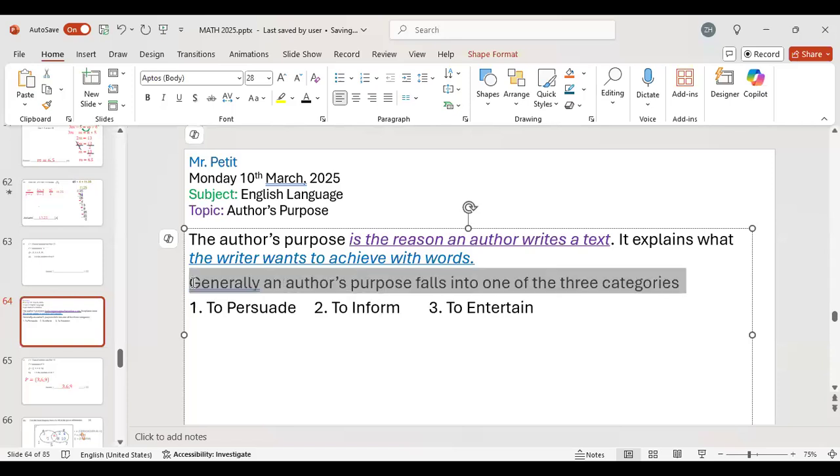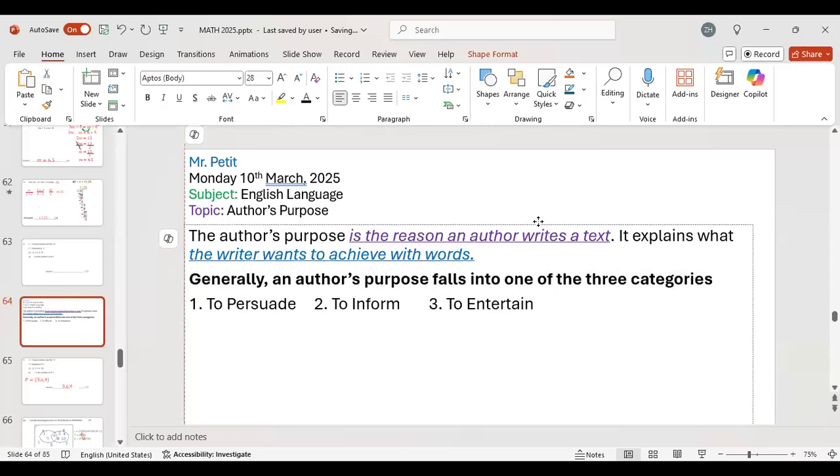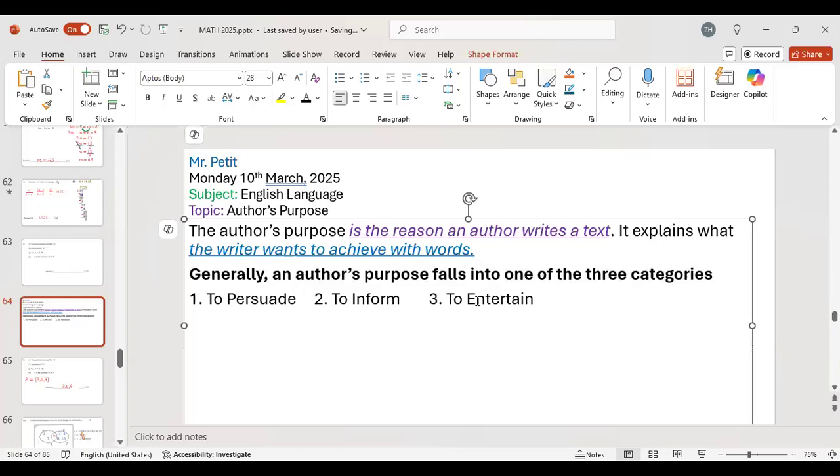So generally, an author's purpose falls into one of the three categories: to persuade, to inform, to entertain. One of the three.